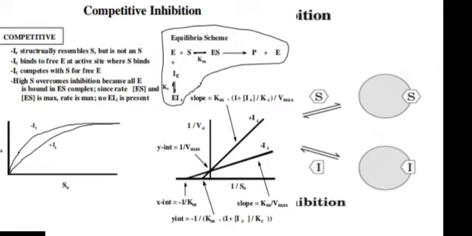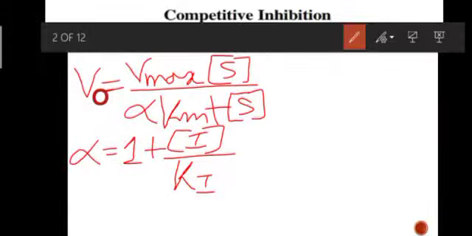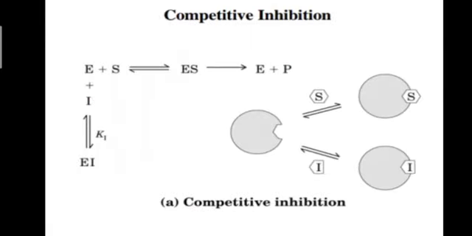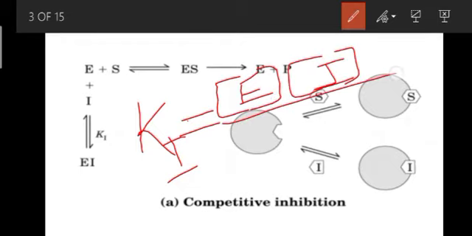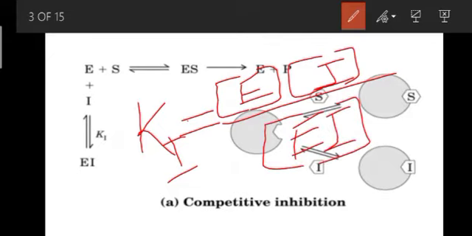In the presence of a competitive inhibitor, the Michaelis-Menten equation becomes V0 equals Vmax times the concentration of substrate divided by alpha Km plus substrate concentration, where alpha is equal to 1 plus the concentration of inhibitor divided by KI. And KI is equal to the concentration of enzyme multiplied by the concentration of inhibitor, divided by the concentration of EI complex.